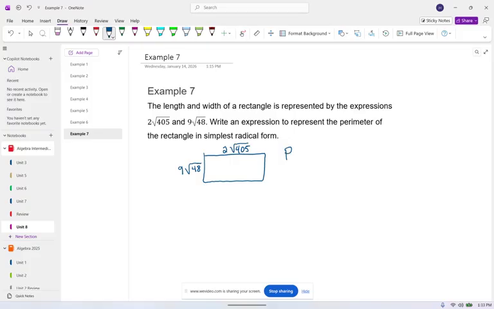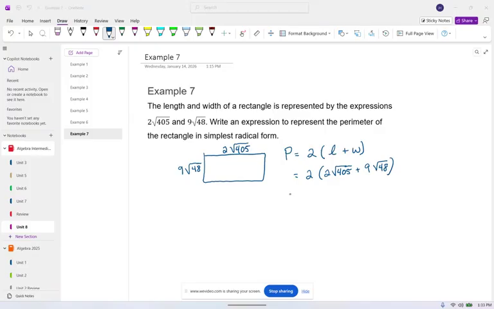The perimeter of a rectangle is going to be equal to 2 times the length plus the width. So in this case, 2 times the length, which is 2 root 405, plus the width, 9 root 48.